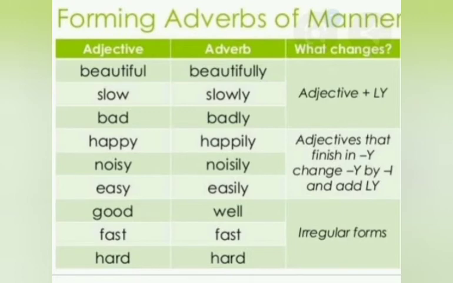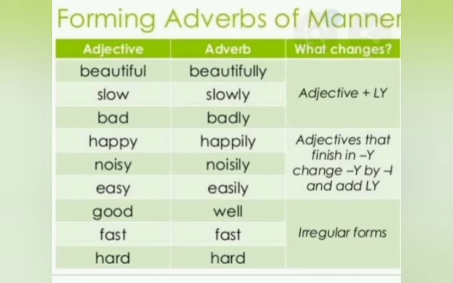By adding ly to the adjective, we get beautifully, slowly, and badly. Beautifully, slowly, and badly are the adverbs of manner here. And how do we form the adverb of manner? Only by adding ly to the adjective.